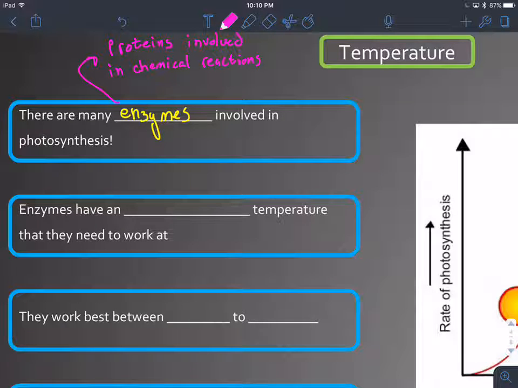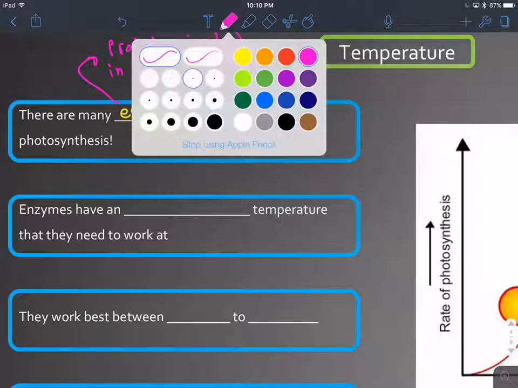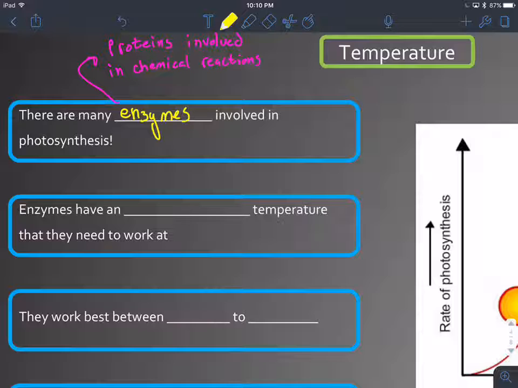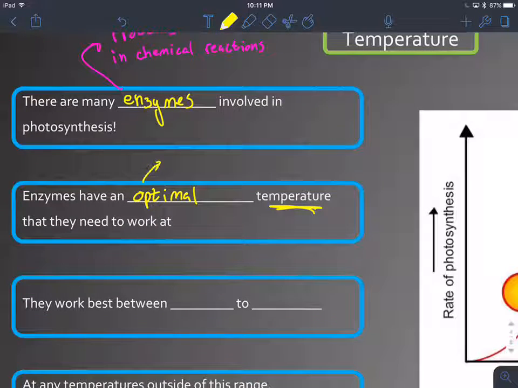And so these are very important in photosynthesis, where there's tons and tons of these chemical reactions occurring. And if you also remember, we did a whole unit on the factors that affect these enzymes, and one of these factors was temperature. And if you remember, all enzymes have an optimal temperature; you can also think of this as an ideal temperature that they work at.